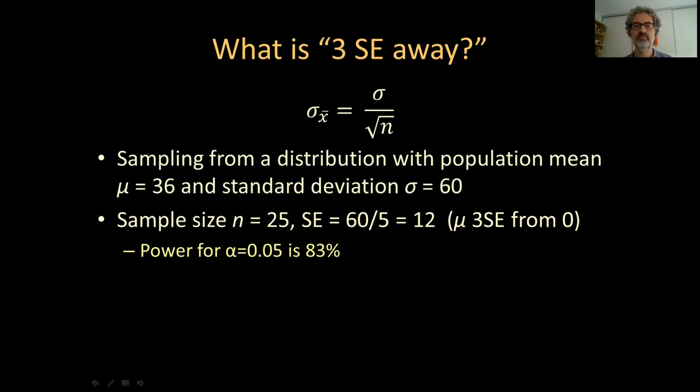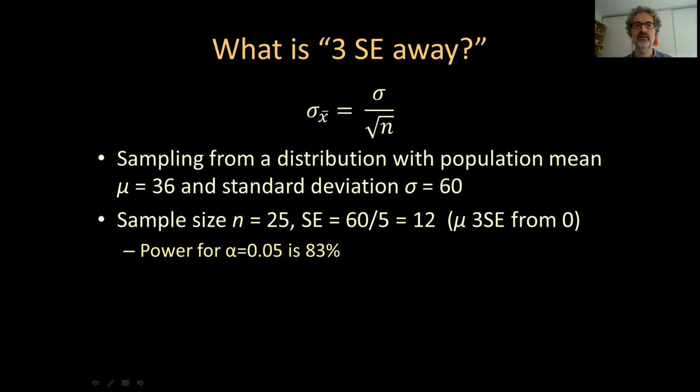This means that you will be able to reject an effect, a difference in means at 3 standard errors away, 83% of the time. Now we are talking about a true difference in means. If the population mean differs from the null mean by 3 standard errors, but of course you don't know where the population mean actually lies, so you will get a smaller or larger difference in your own sample.